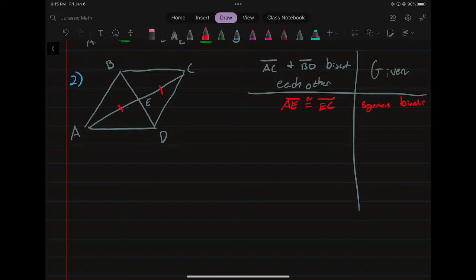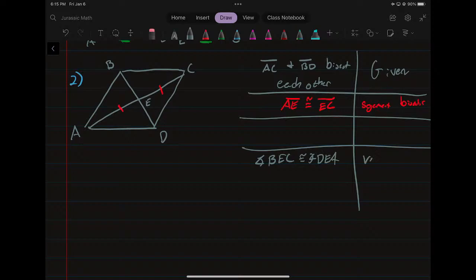Well, just thinking off the top of my head with this, most likely, and this is where we're missing the next step. So we're missing that step. The following step after that is angle BEC is congruent to angle DEA by vertical angles.